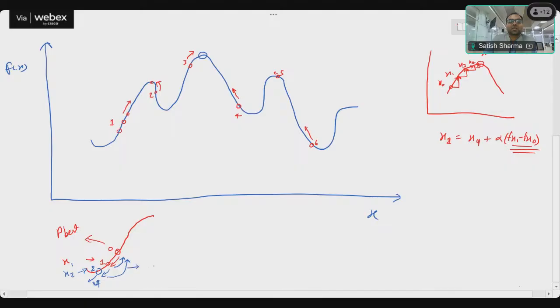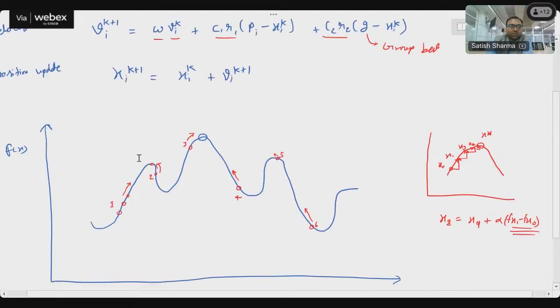The distance between the personal best and the current position will be greater, and it will dominate the inertial velocity, and then it will start moving from this particular point to maybe this one, and so on. It will keep moving towards the optimal point, and it will try to reach this first peak, which is here.